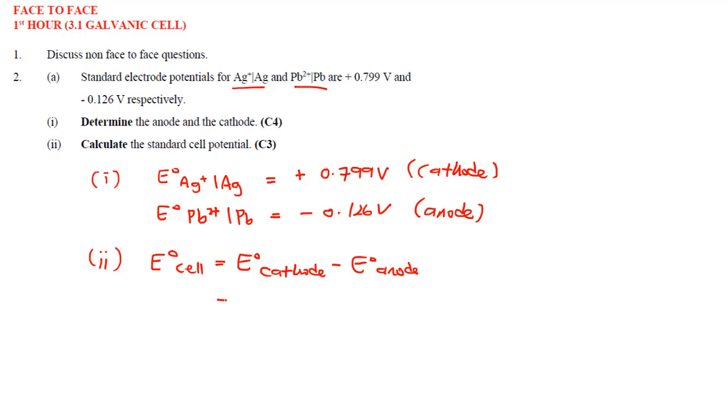Okay, so cathode punya value is positive 0.799 volt minus kita punya anode untuk lead, negative 0.126 volt. Okay, so the final answer that you should get is positive 0.925 volt.